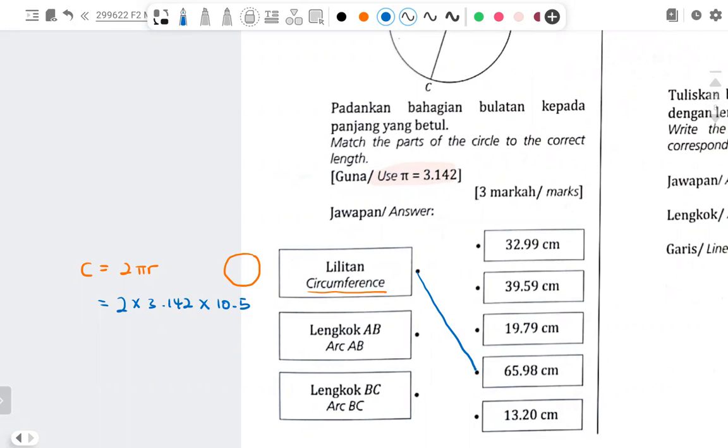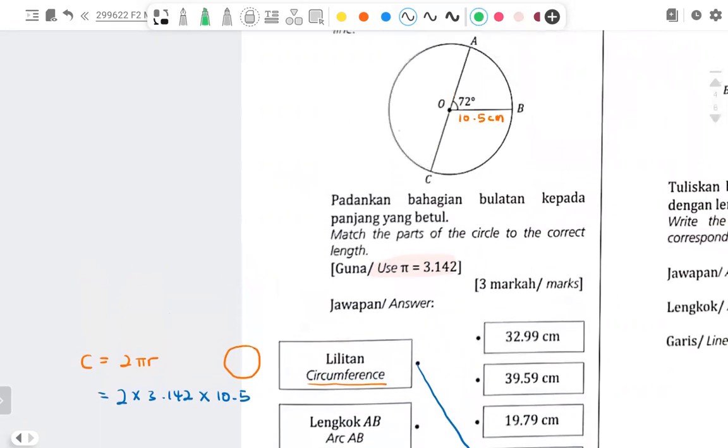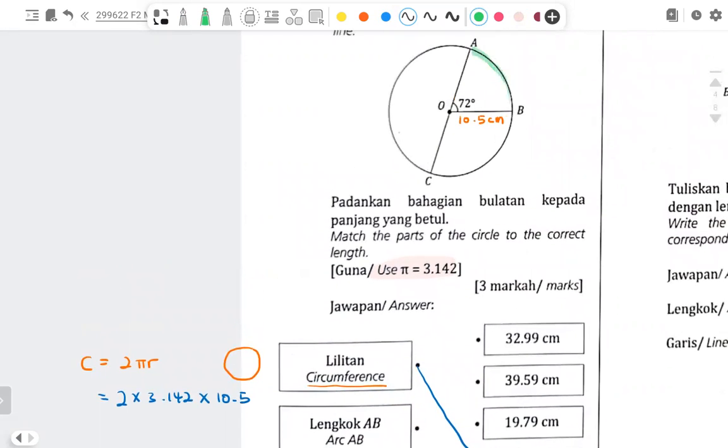Next, arc AB. Arc AB, A to B, is covered by the angle of 72 degrees. Remember, a circle has 360 degrees. So now we only need to find the length of the arc covered by 72 degrees.